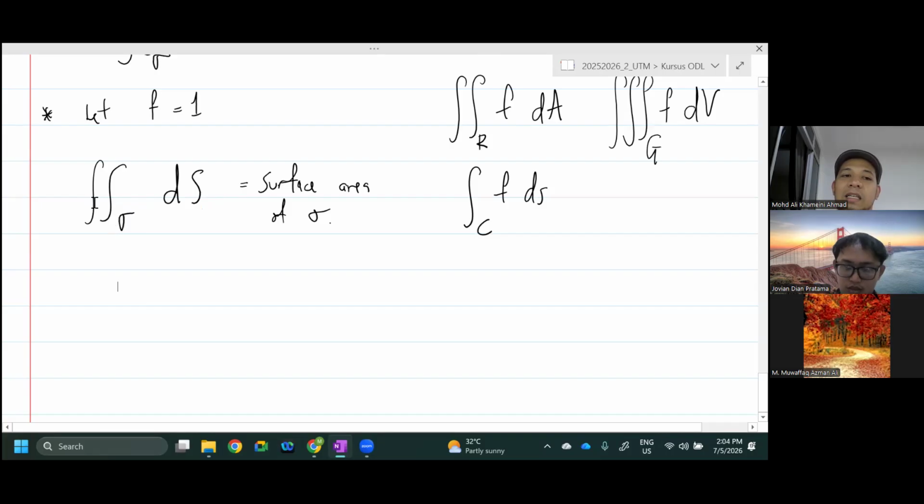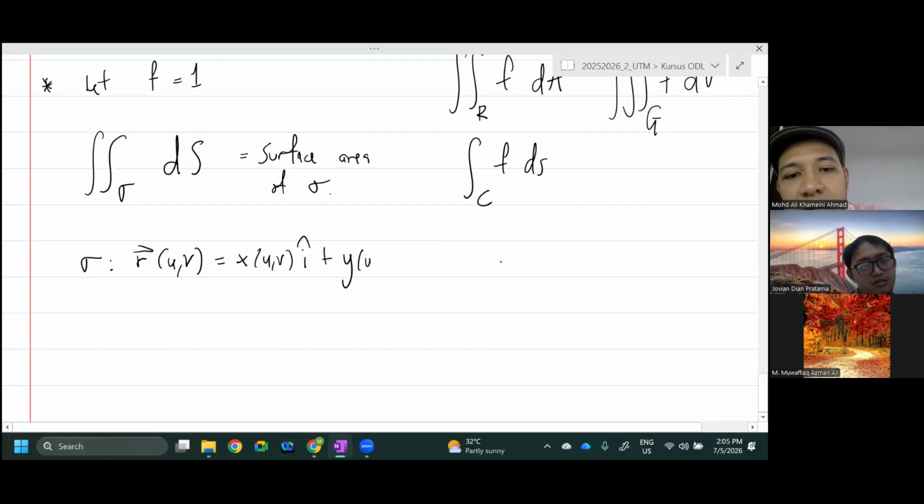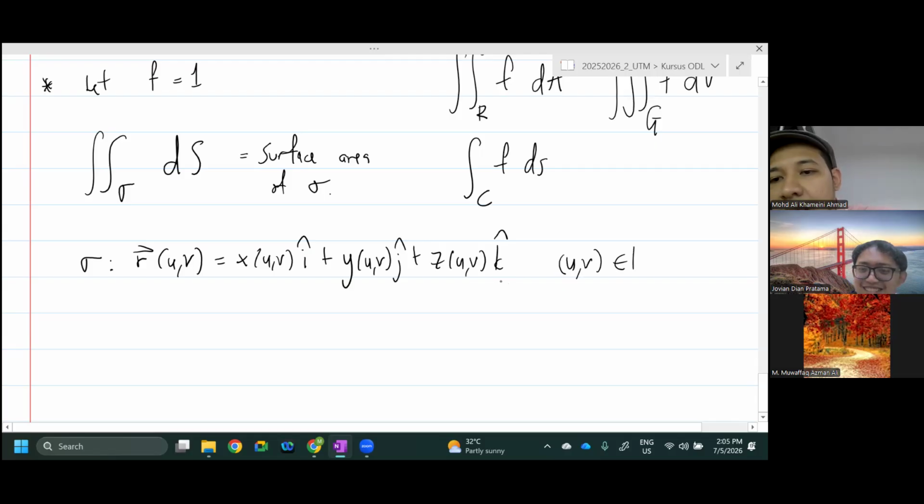So let me give you some rough meaning using the parametric equation of sigma here. We know that you can parameterize a surface. So we parameterize the surface as follows: x(u,v) i plus y(u,v) j plus z(u,v) k there. And then as I mentioned, (u,v) over some domain, a subset of R2.